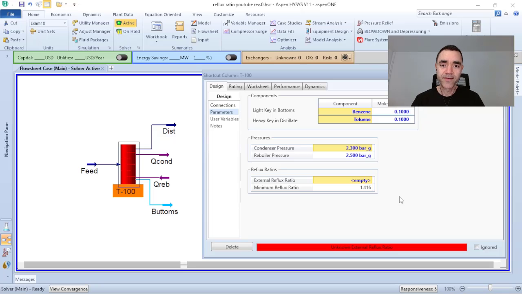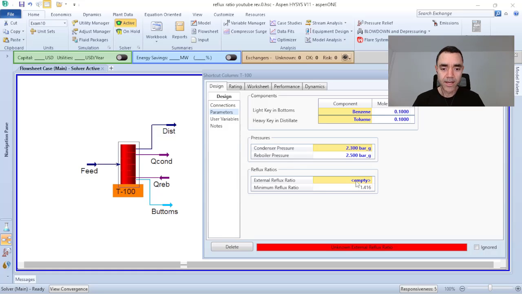You can see the effect of the reflux ratio in process simulation software like Aspen HYSYS, for instance. So you can see here that based on my configuration, the settings related to my feed and the product that I desire to achieve, Aspen HYSYS calculated the minimum reflux ratio required to achieve this condition.